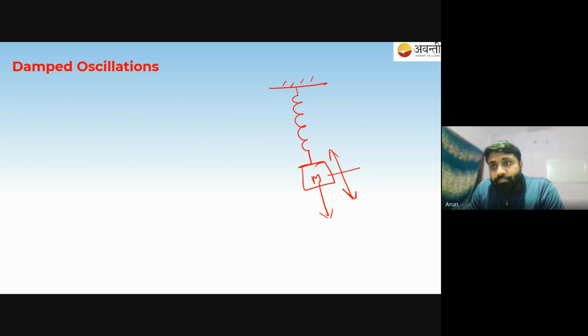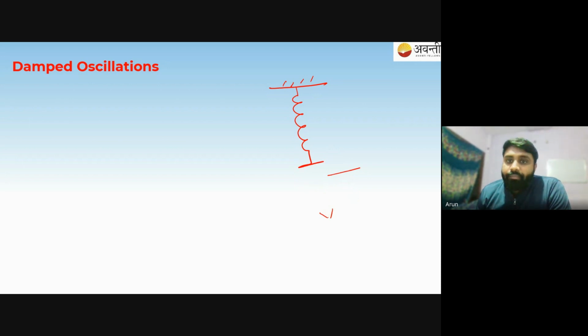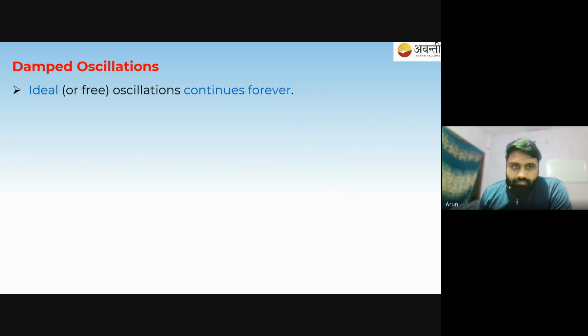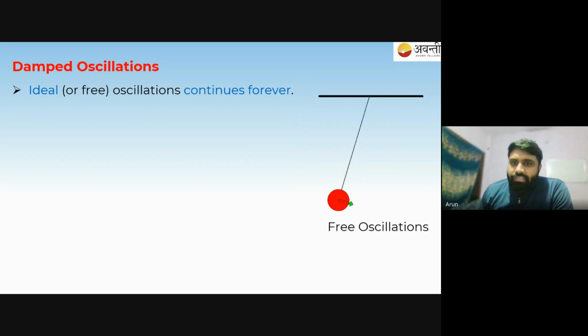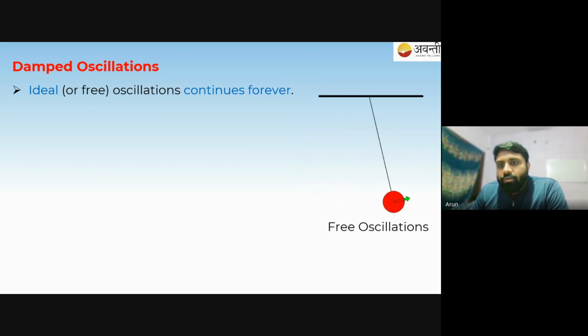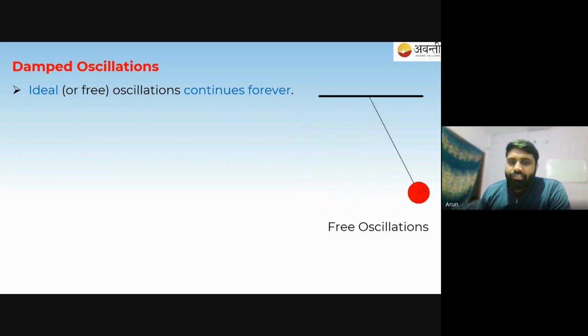So that type of practical oscillation is termed damped oscillation, which is damped by some force. Now, we know that ideal or free oscillation continues forever, because we do not consider the air friction or the actual scenario of the situation.